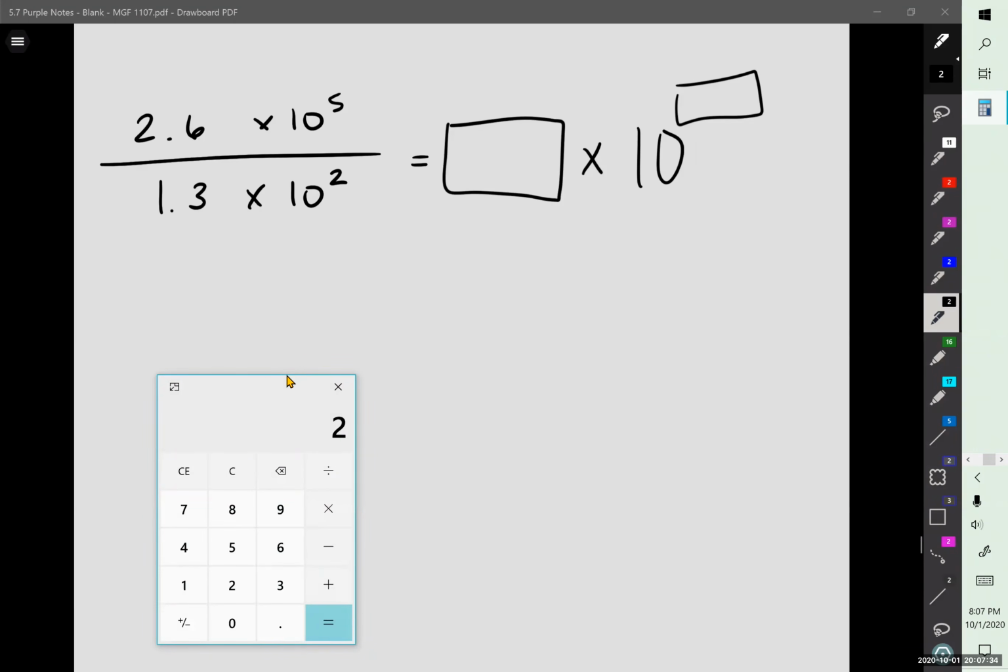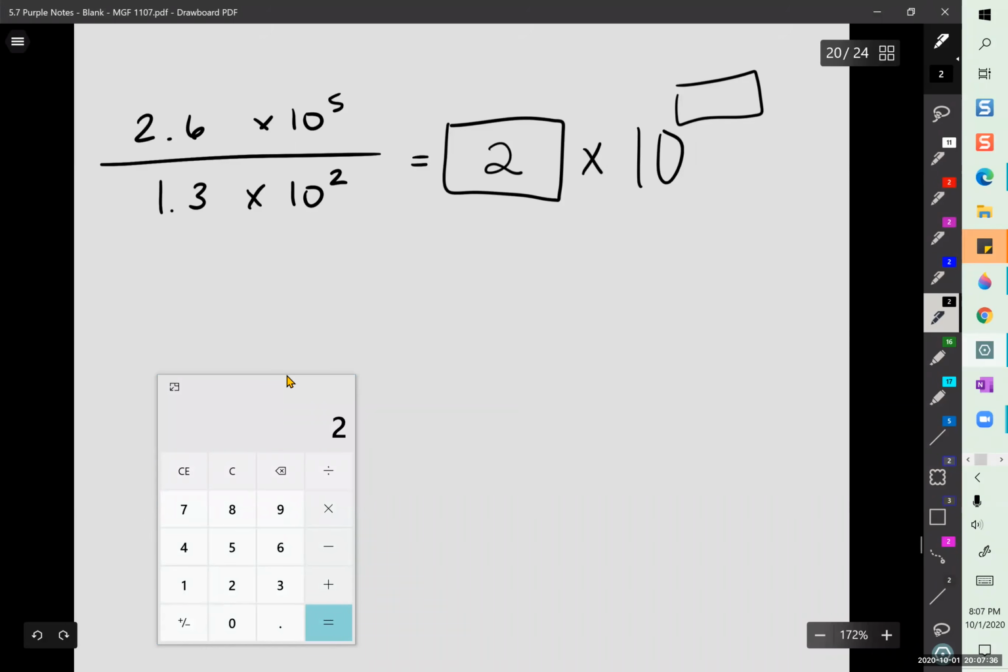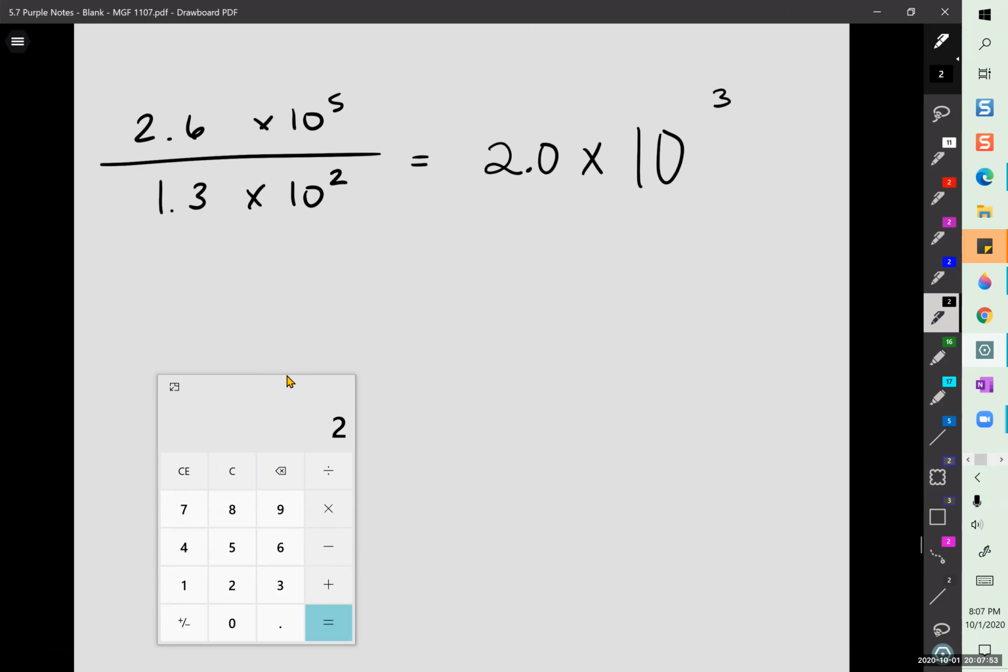So 2.6 divided by 1.3 is 2. And then 10 to the 5th divided by 10 squared, you would subtract those exponents. So 5 minus 2 would be 3. So we'd get 2 times 10 to the 3, or if you want to write it as 2.0, that's great as well. Perfect, Athos, exactly right. Correct, Kimberly, well done.